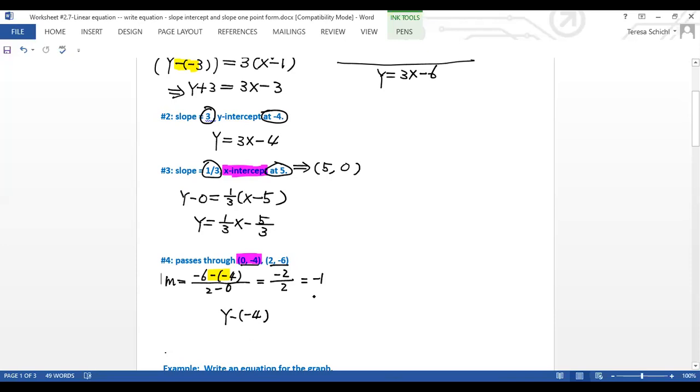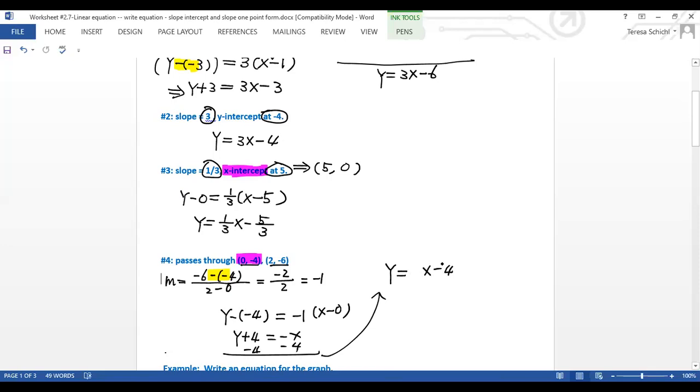So be careful. And it's equal to -1 times (x minus 0), right? Minus 0 is easy to take care of. So this gives you y plus 4 equal to -x. Then you subtract 4 from both sides. What is your final answer? The final answer will be y equal to -x minus 4 here.